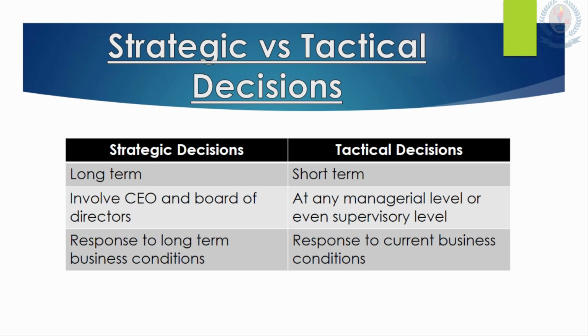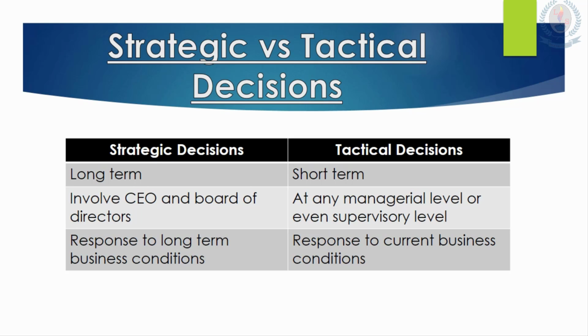Then let's consider the effect of strategic and tactical decisions. You need to have a clear idea about the difference between strategies and tactics. Actually, we use strategies in achieving long-term objectives. And when we consider tactics, it involves making decisions regarding day-to-day, current business scenarios.